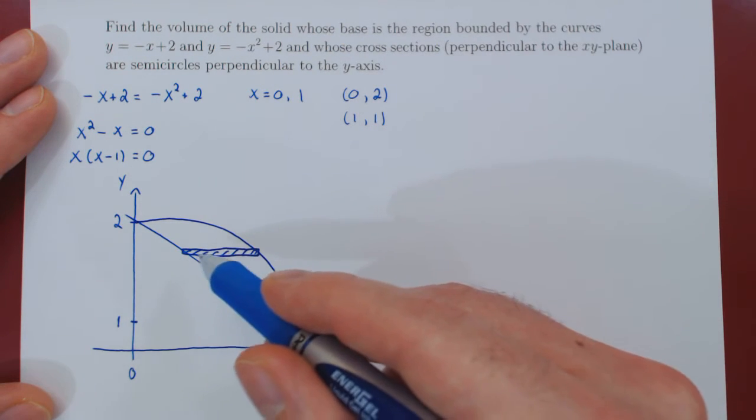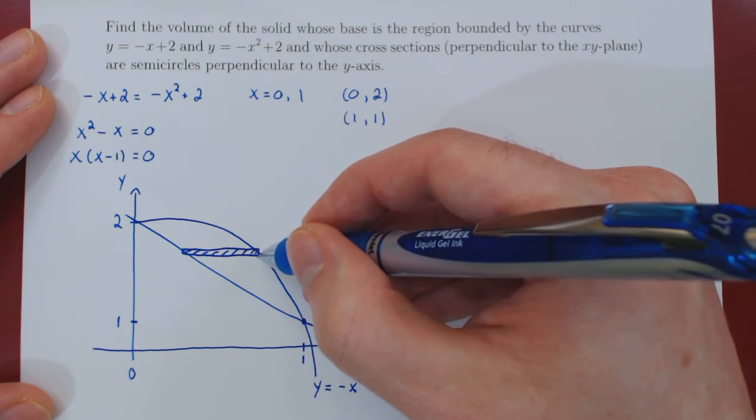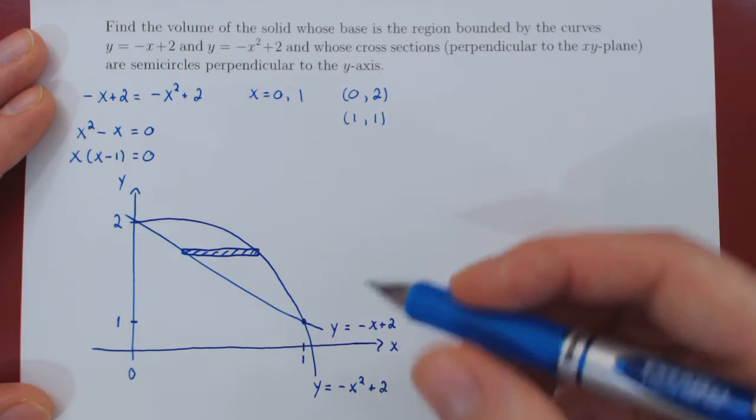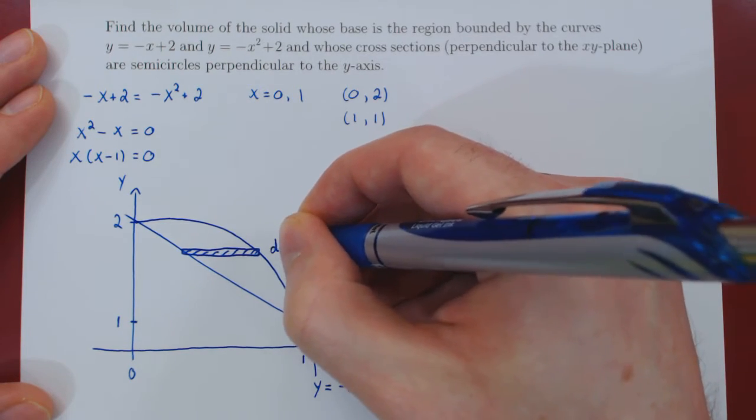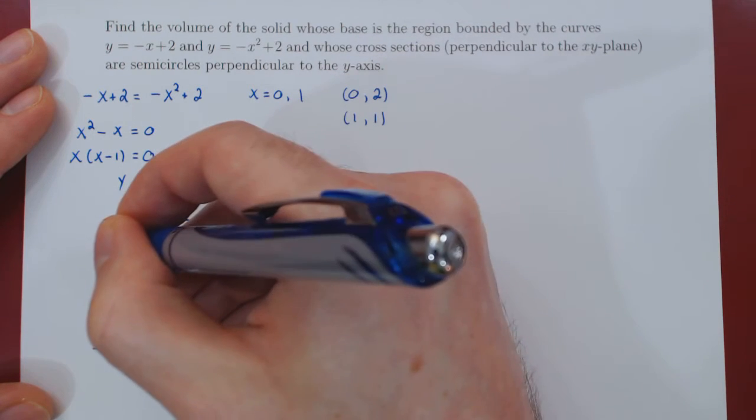And as we have a thin horizontal slice, the thickness of our slice will be an infinitesimal change along the y-axis, therefore dy, and it will be positioned at an arbitrary y value.